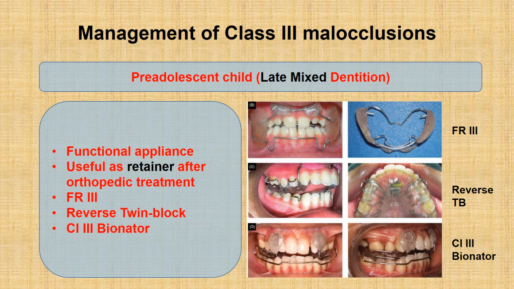Now, the examples of myofunctional appliances available to treat class 3 are the function regulator of Frankel 3, the reverse twin block, or a class 3 bionator.